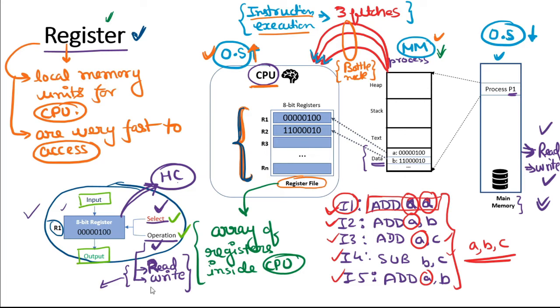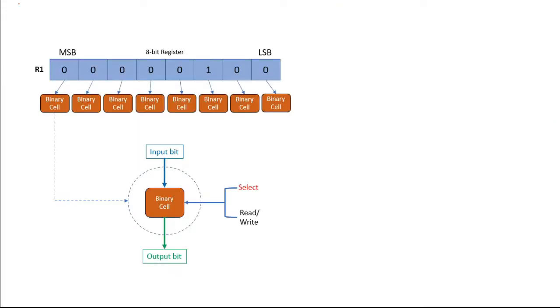Now let's see registers as a hardware unit. Let's discuss more about this register. Logically, a register looks something like this, storing X bits of information. For example, this is an 8-bit register that stores 8-bit information.